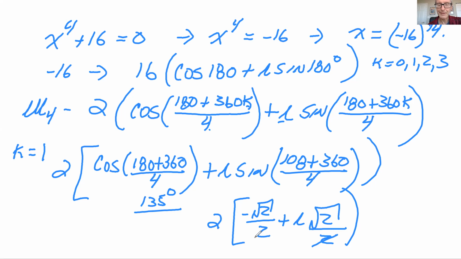So you can see these cancel, and you end up with the second root. When k equals 1, you end up with minus square root of 2 plus i square root of 2.